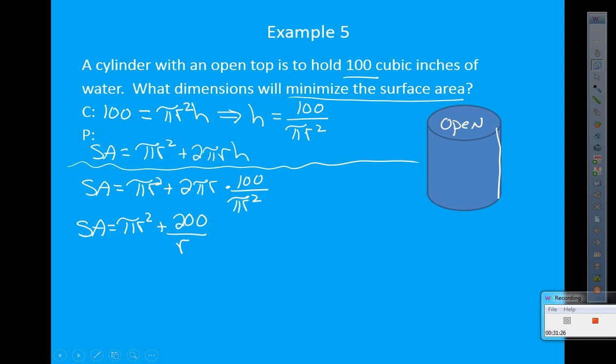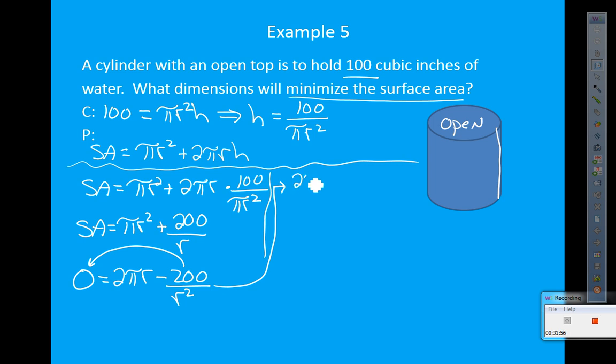Next step, find the derivative and set it equal to 0. So I got 0 equal 2 pi r minus 200 over r squared. Let me come right here now. To solve this, I'm going to move this to the other side and cross multiply.